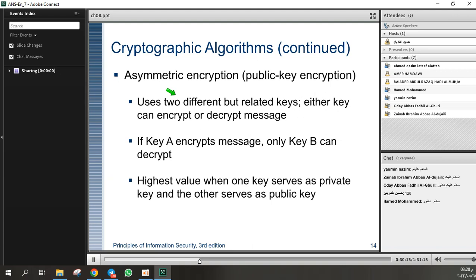I'm encrypting the message using the public key, and at the other side, the receiver would decrypt the message using his or her private key.